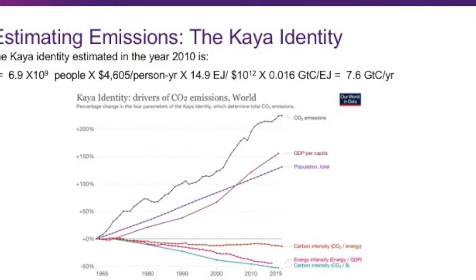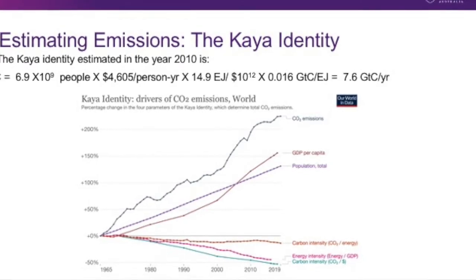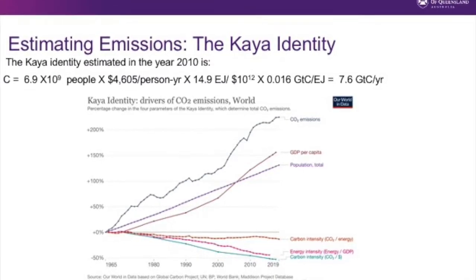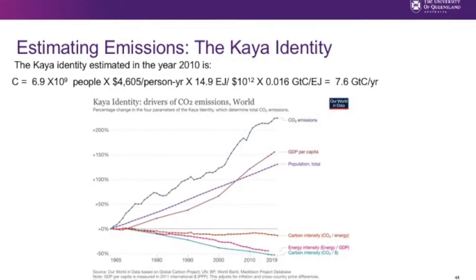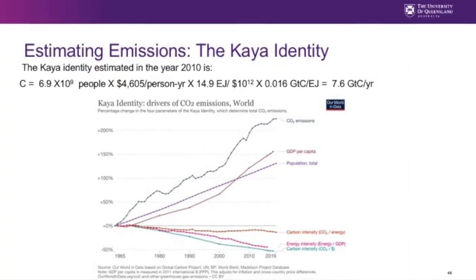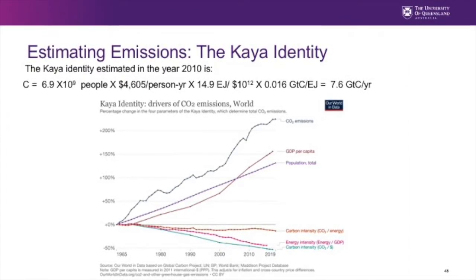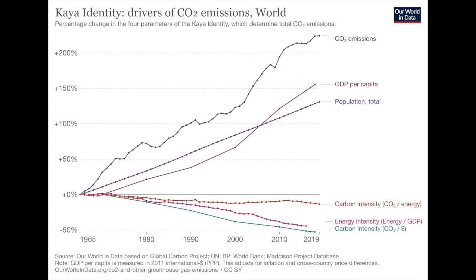Here we have an example of how the Kaya identity is used. It was used to estimate the carbon emissions for the year 2010. When we go to the Our World in Data website, we can get values of the current or past population numbers, the gross domestic product per capita per year, and all the values that we need for the Kaya identity.